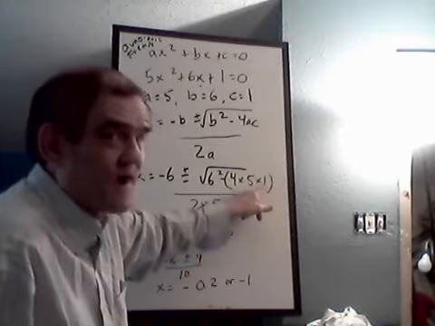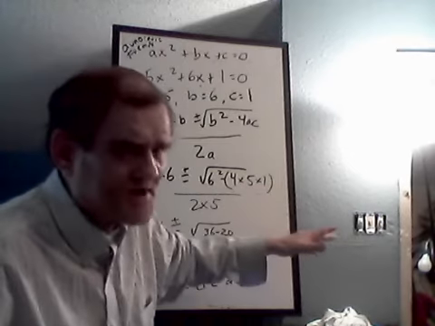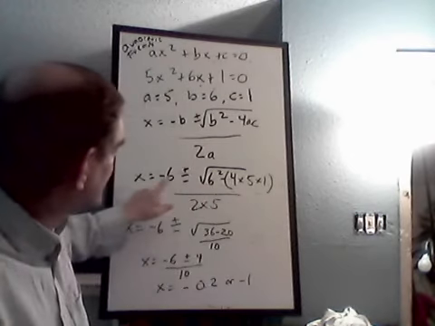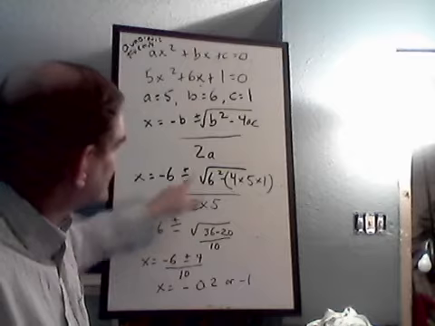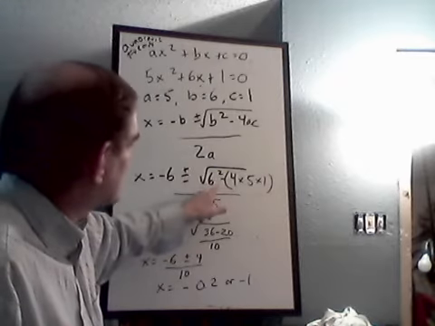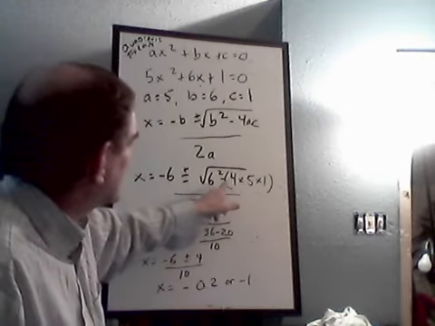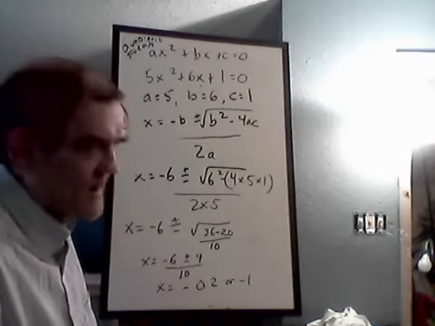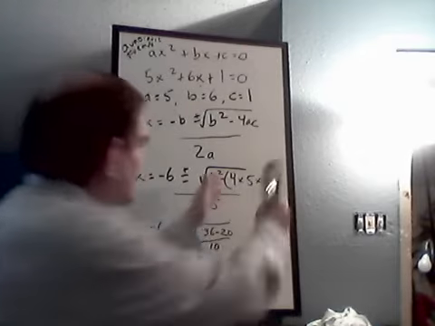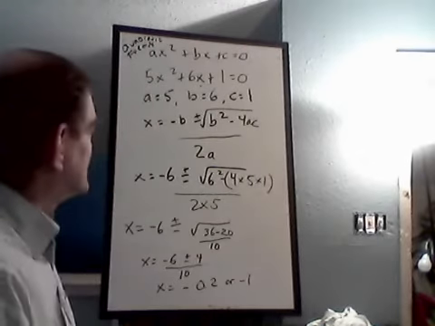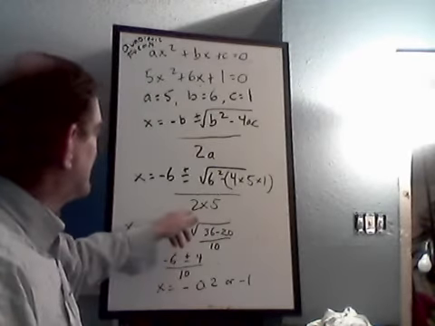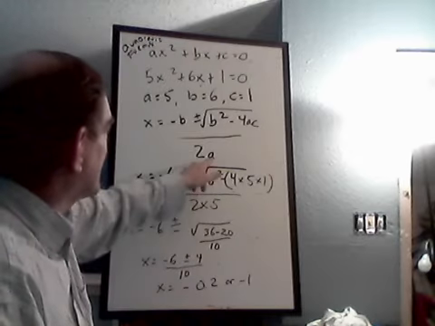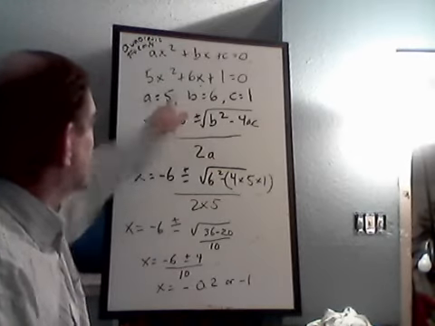Okay? I know you're following me, you just don't want to admit it. Anyway, so you got negative 6 plus or minus the square root of 6 squared minus, and then 4 times 5 times 1. I put them in parentheses to make it all simplified. So what happens? It's divided by 2 times 5. Remember, a is equal to 5.